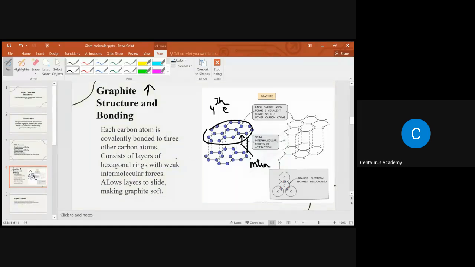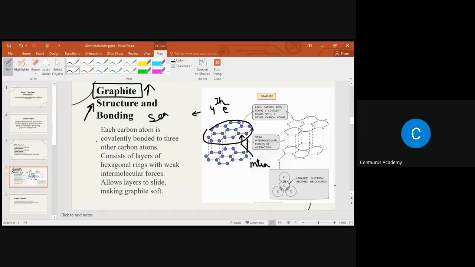Because of this property, there is a sea of delocalized electrons, and as a result, graphite is the only exception among the covalent structures which is able to conduct electricity.